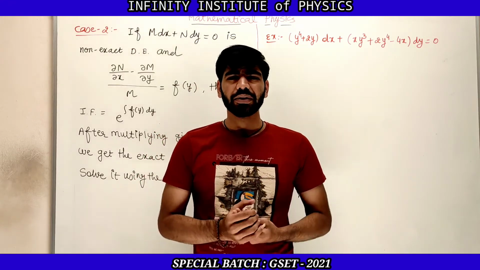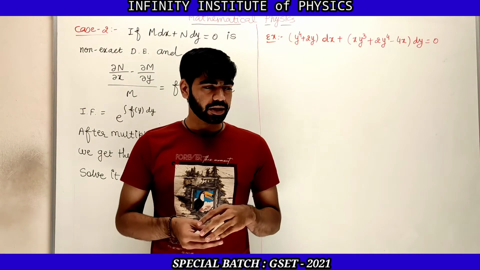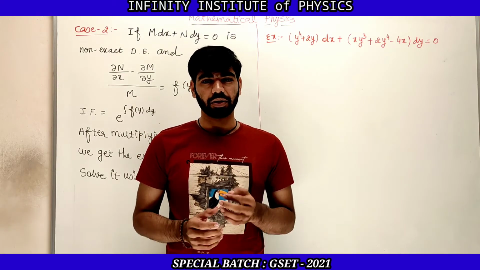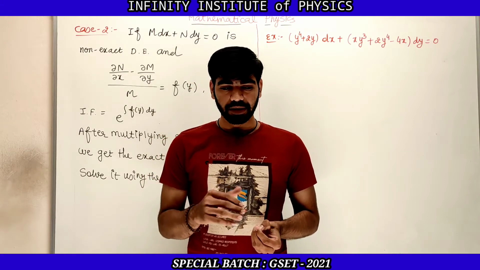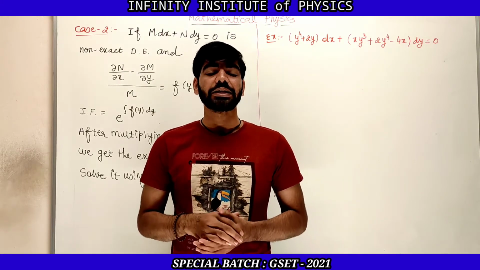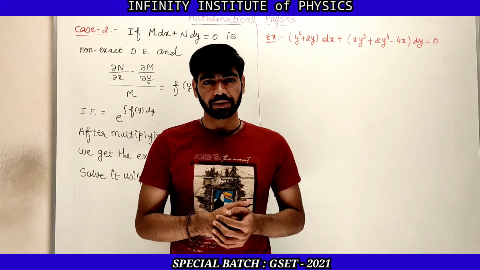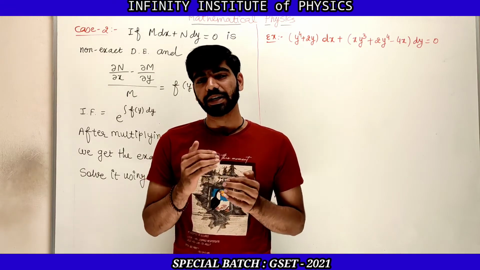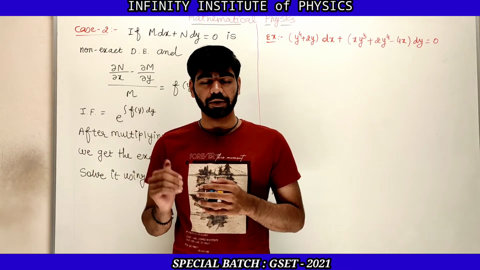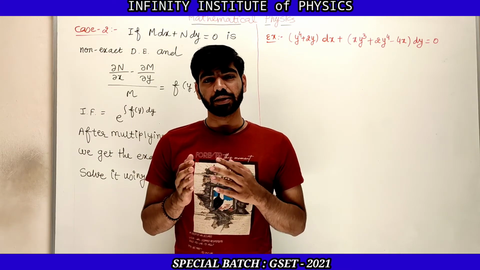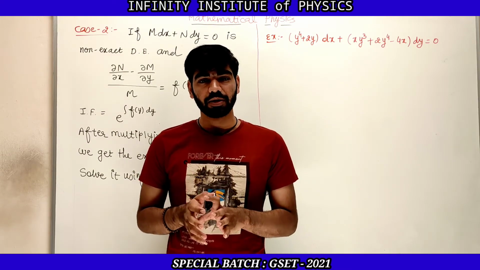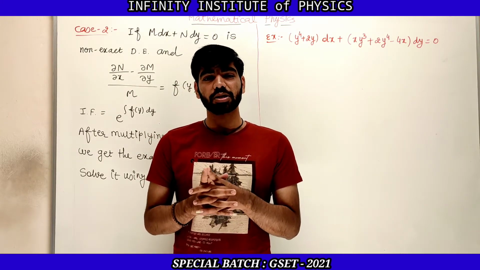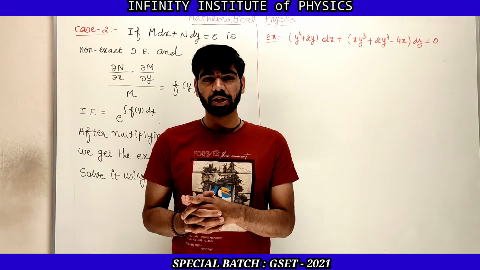Then we studied the homogeneous differential equation. So a homogeneous differential equation means we have dy by dx is equal to M of xy upon N of xy, where M and N are both homogeneous functions of the same degree, that means there is no constant term in the numerator as well as in the denominator.